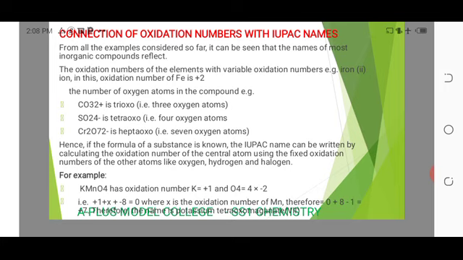So for KMnO4, the oxygen number of potassium there is +1. For oxygen there is -2 times 4. And the central atom there is Mn.